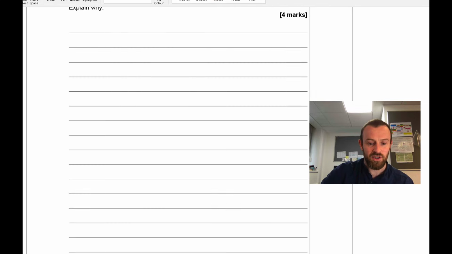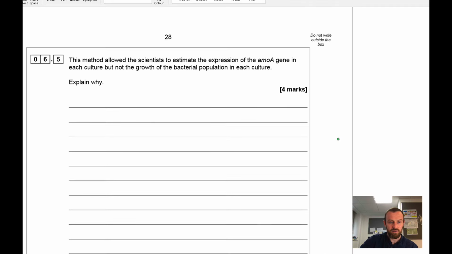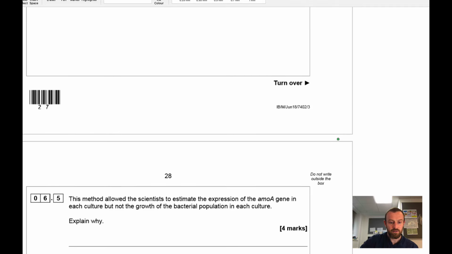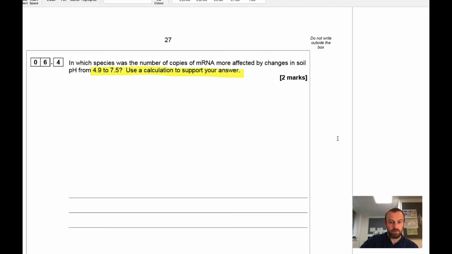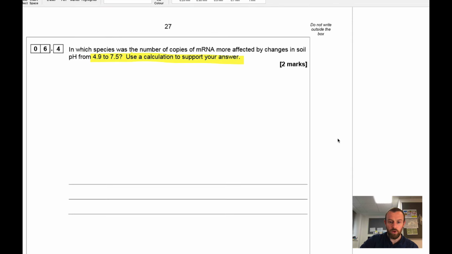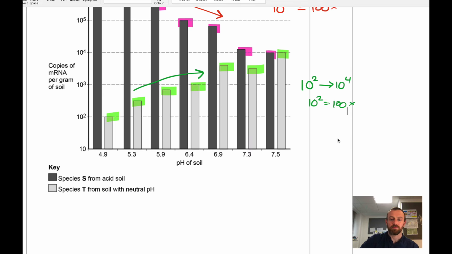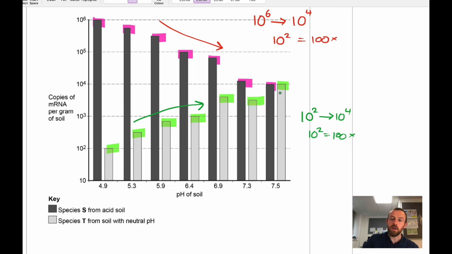Let me just check the question again. 4.9, 7.5. Number of copies of mRNA. The number of copies. Well, okay. So in terms of multiplication, it's the same effect, but this is so silly.